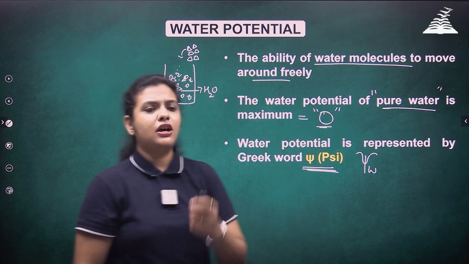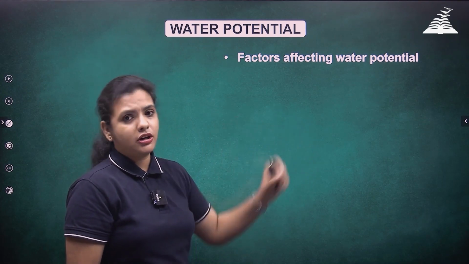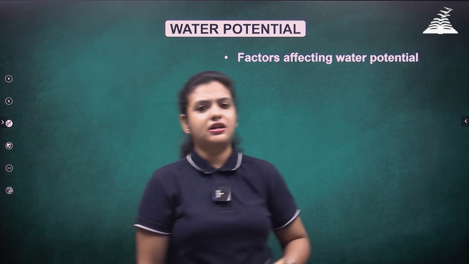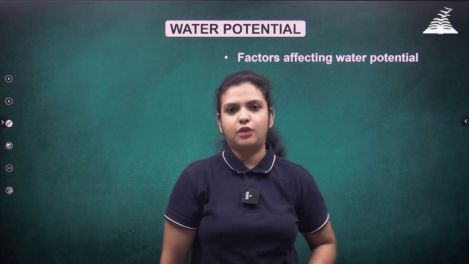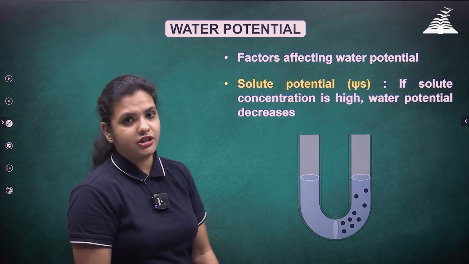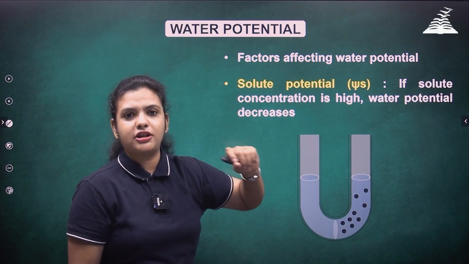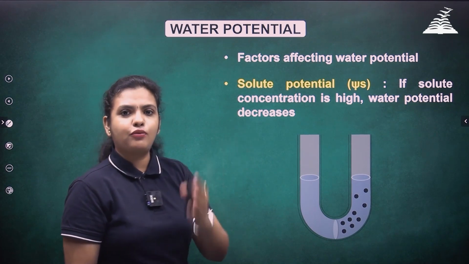Now we will see what is going to affect the water potential. What are the factors which are going to control water potential? The first one is solute potential. So you write psi and S for solute potential. In the earlier diagram, what did we draw?